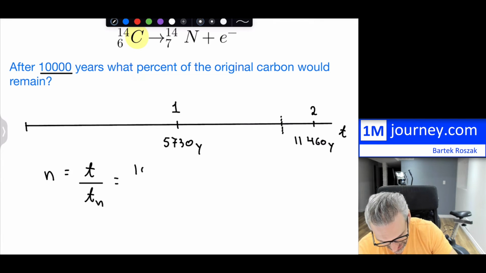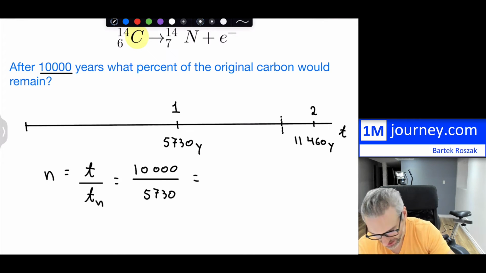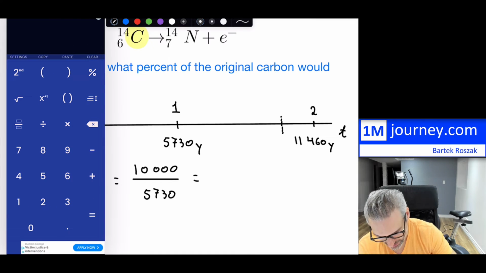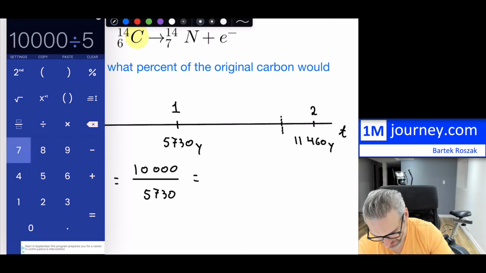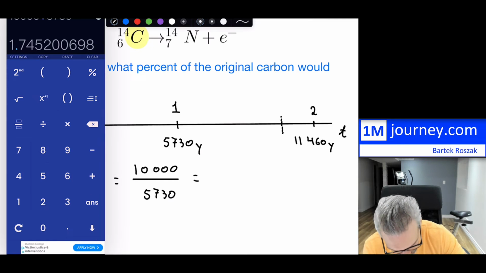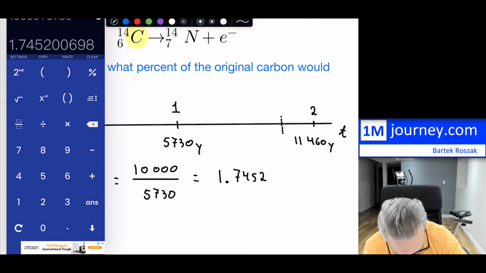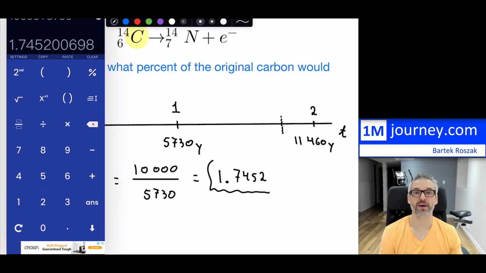In this case, it's 10,000 years divided by 5,730 years. This is approximately 1.7452, and this is the number of half-lives that have passed by.